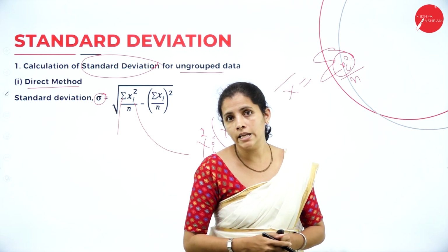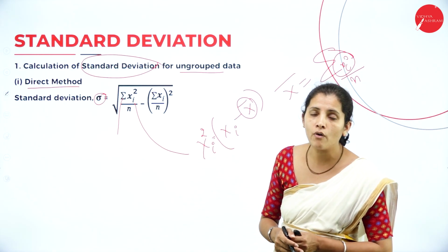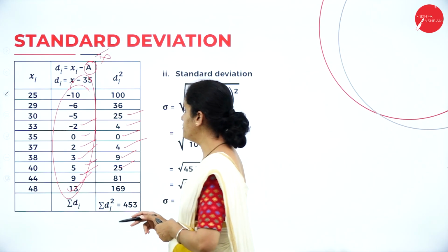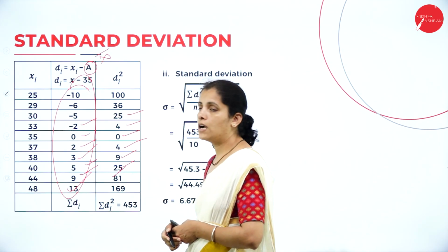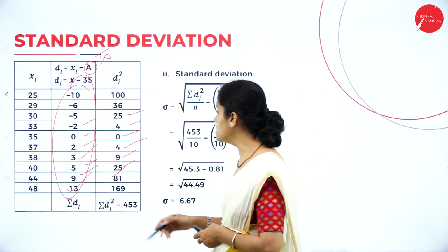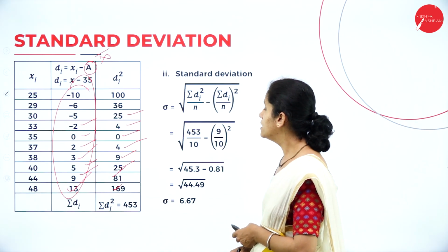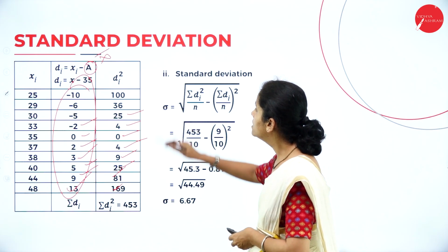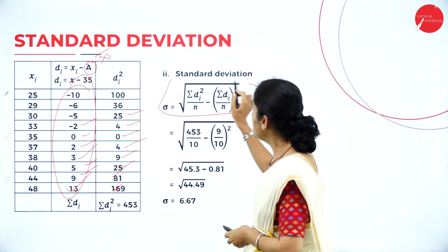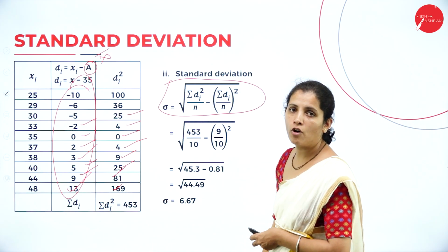So what is n here? That is the number of elements. 5 square 25, 9 square 81 and 13 square it is 169.